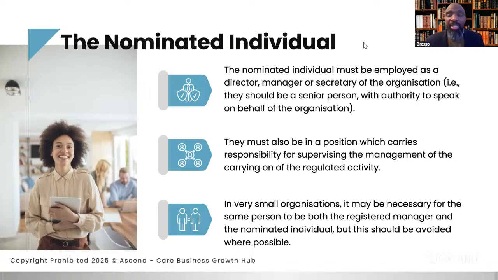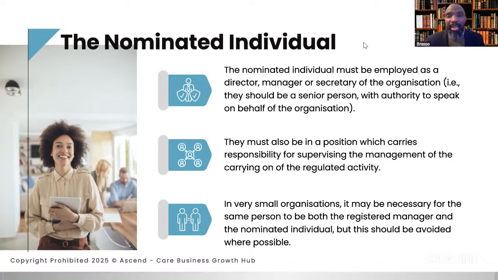So which simply means if you are recruiting, or if you are a director, you want to be the nominated individual, you need to make sure that you have the necessary experience, qualifications to supervise, because in the absence of this knowledge, these qualifications and experience, you cannot supervise that which you don't have experience on. So it's very, very important to look at the job description of this individual.